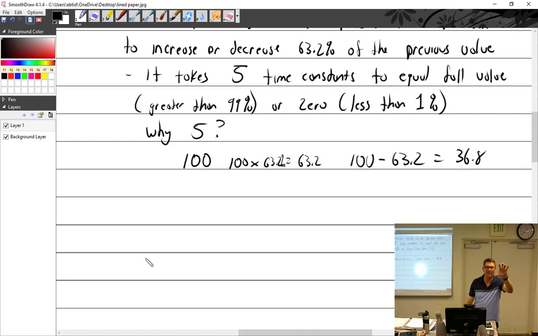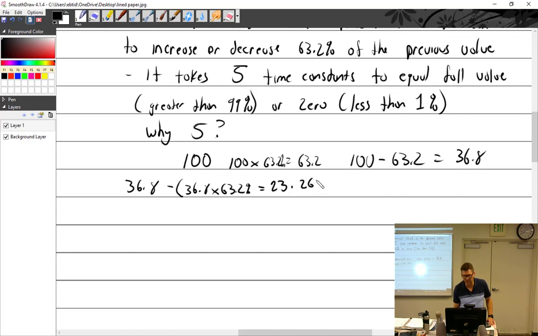The light's dimming down. So we have 36.8, and we have to subtract 36.8 times 63.2%, which equals... that number is 23.256, we'll say 23.26.